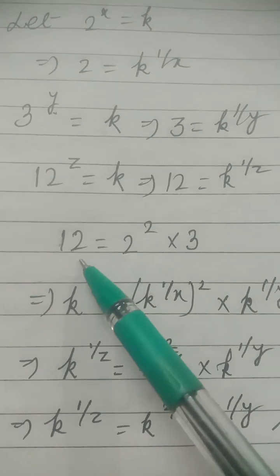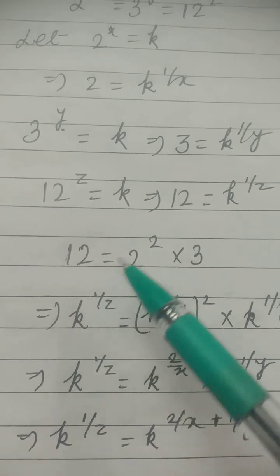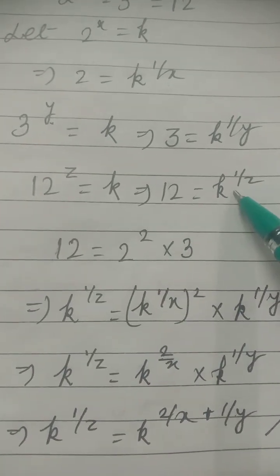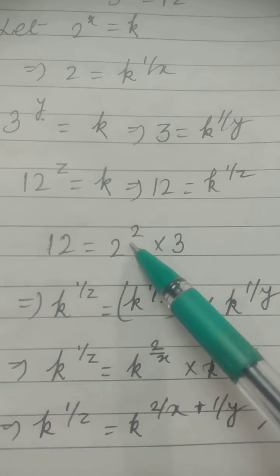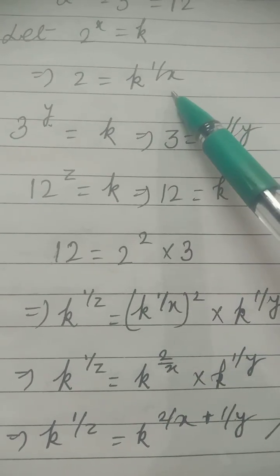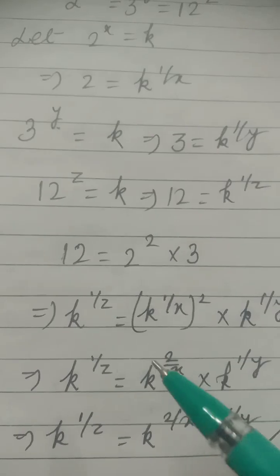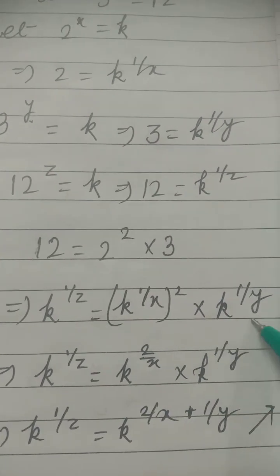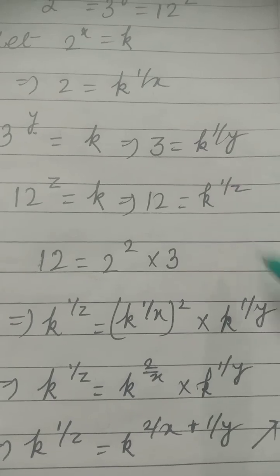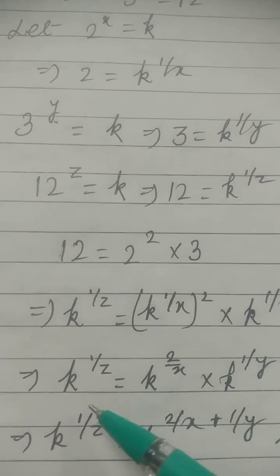Now we'll put the value of k to the power 12. 12's value we had taken as k to the power 1 by z. So we'll write k to the power 1 by z. 2's value we got as k to the power 1 by x, so we'll write it as k to the power 1 by x, squared, into k to the power 1 by y. Now simplify.